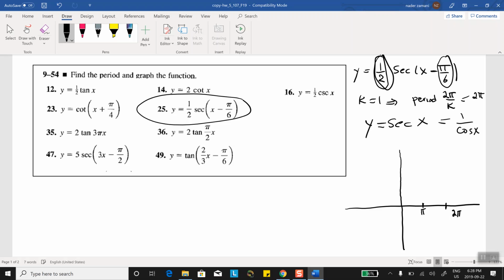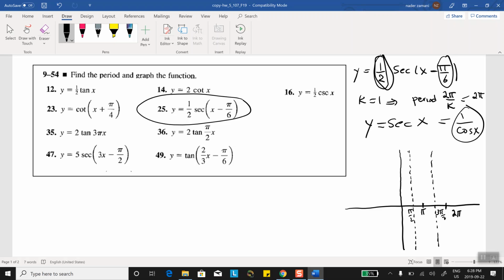This is the point 1, no problem. At pi over 2 and 3 pi over 2, we have a problem with secant, because in those places cosine is 0. So this is pi over 2, this is 3 pi over 2. We got trouble.